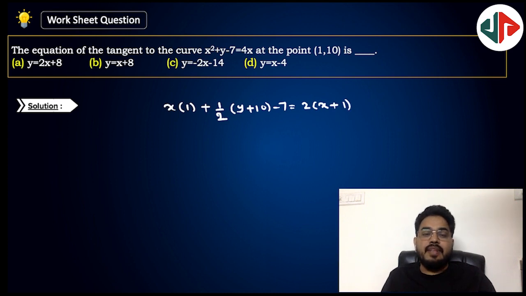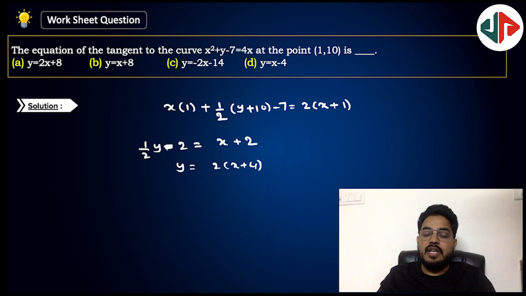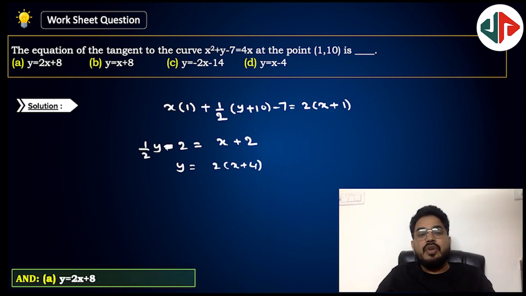So this x will be transferred to this side, 2x minus x. So 1 by 2 y plus 5 minus 7, so this value will be equal to 2. So y is equal to 2 times (x plus 4). So the answer is y is equal to 2x plus 8. You can try finding dy by dx and then substitute, or you can go ahead with this one, there is no problem.